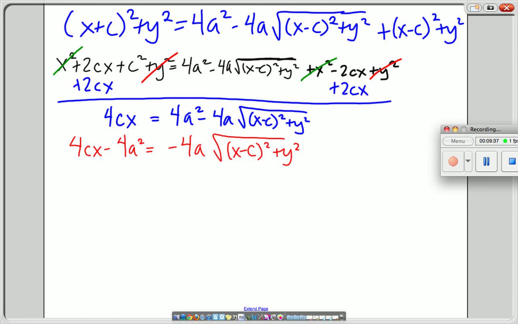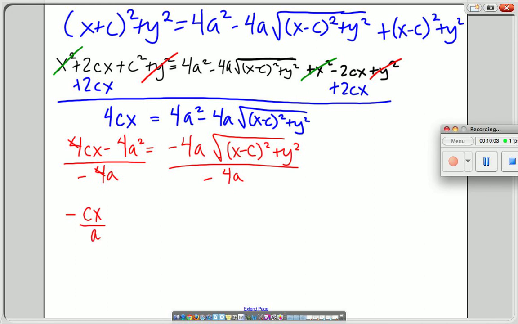I'm going to continue to clean up because my end goal is to square both sides to get rid of the square root. So now I'm going to add 4a. I'm sorry, I'm going to divide both sides by negative 4a. And that's going to give me, let's see, the 4s will cancel here, so I'm going to end up with a negative cx over a.